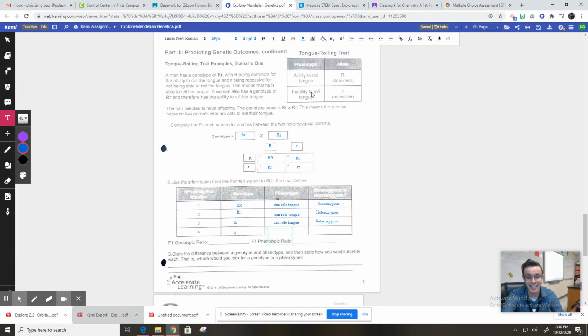So the recessive trait or inability to roll your tongue is going to be expressed here. Can't roll tongue. And are they homozygous or heterozygous? Well, they've got two lowercase alleles now, meaning they are homozygous, just homozygous recessive instead of homozygous dominant.